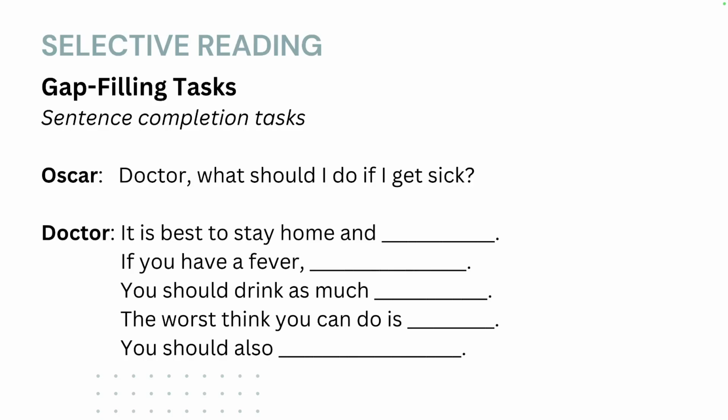Once it gets into a longer response, that will become interactive. So here, you look at the example, Oscar says, "Doctor, what should I do if I get sick?" And the doctor's sentences are almost totally completed already. So it is best to stay home and rest. Take it easy, whatever it is, but something short. If you have a fever, what should you do?